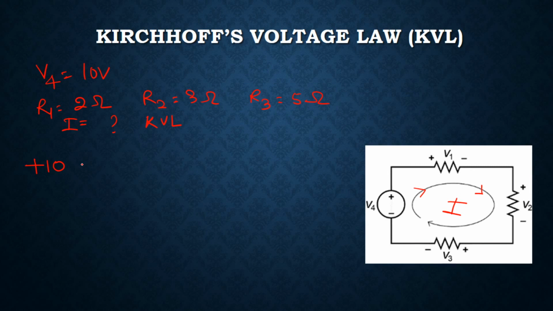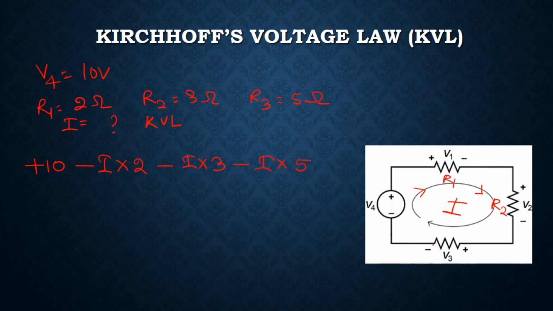Next I have a resistor, that is R1, equal to 2 ohms. The current is going from positive to negative and it is a drop, so it will be minus I into 2. Then the resistance R2, which is 3 ohms, is minus I into 3. Then the third resistor is minus I into 5.